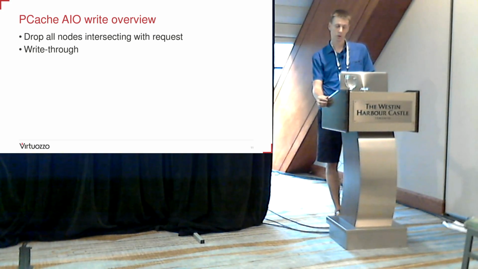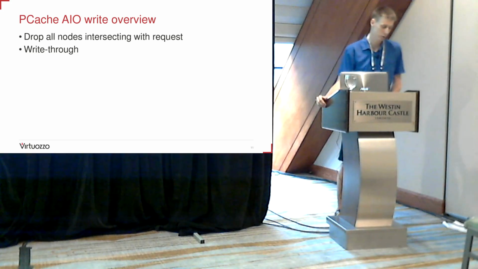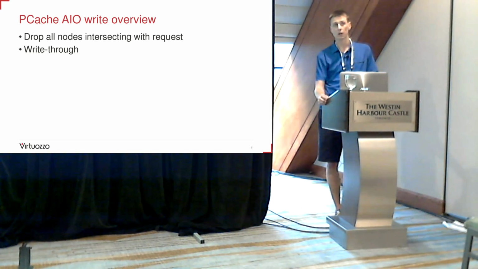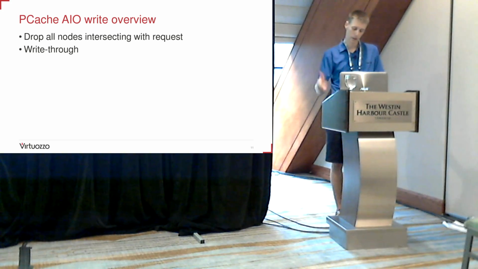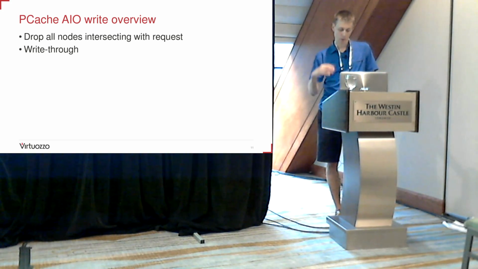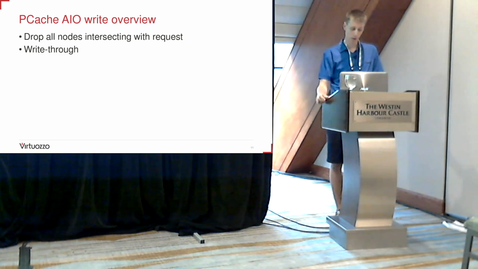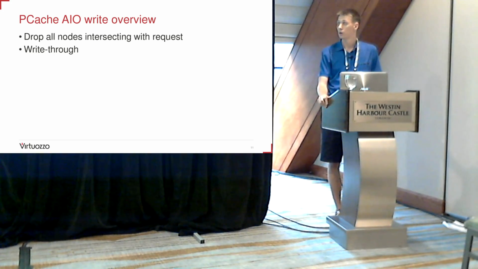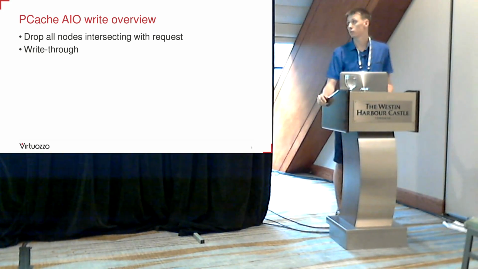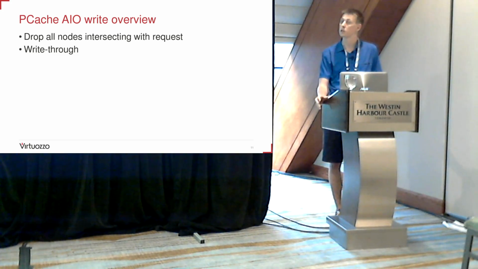The implementation of write-through is a bad solution because it increases the chance of a very fragmented cache, and in some cases it can increase cache hits. Very great cases.